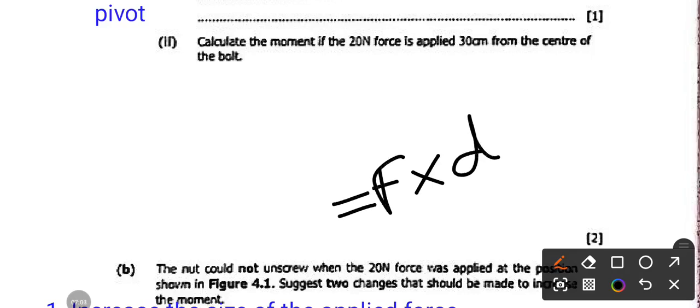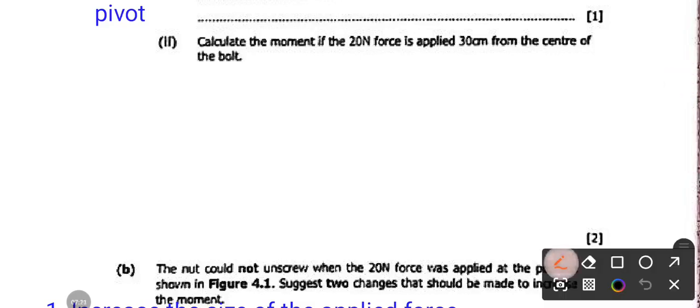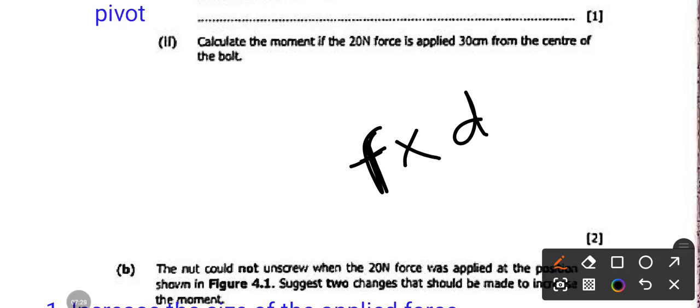This formula here outlines that the moment of a force is determined by only 2 factors. Number 1, the size of the force. So in order to increase the moment of the force, we should increase both the size of the force and the distance applied from the pivot.